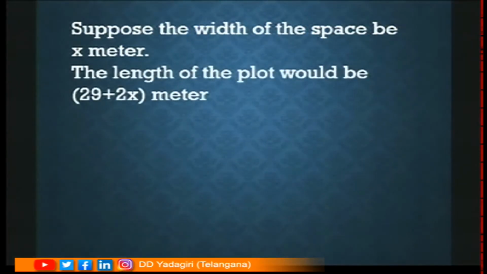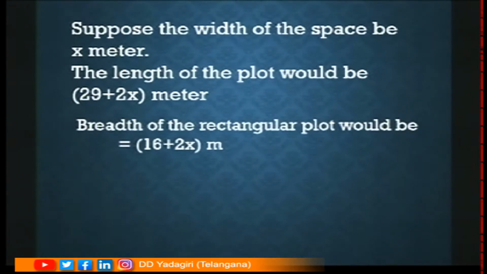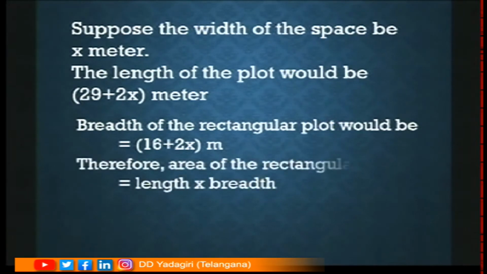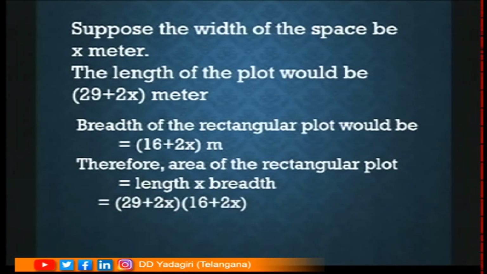Now let's try to bring the situation to an equation. Suppose the width of the space be x meters. Then the length of the plot would be 29 plus 2x meters and the breadth of the rectangular plot would be 16 plus 2x meters. Therefore, area of the rectangular plot is equal to length into breadth, which would be 29 plus 2x multiplied by 16 plus 2x.